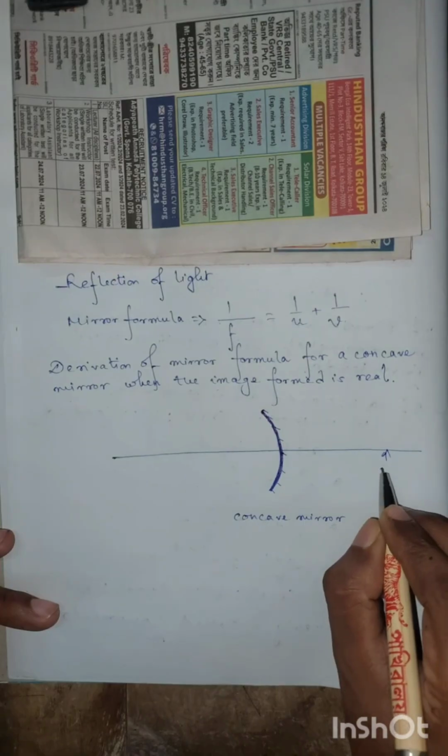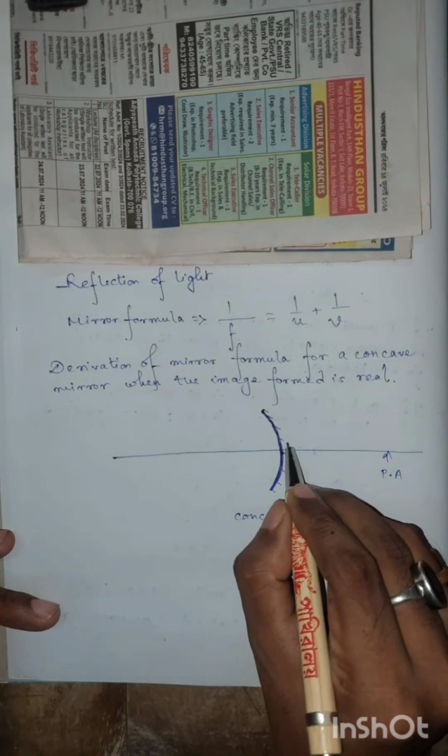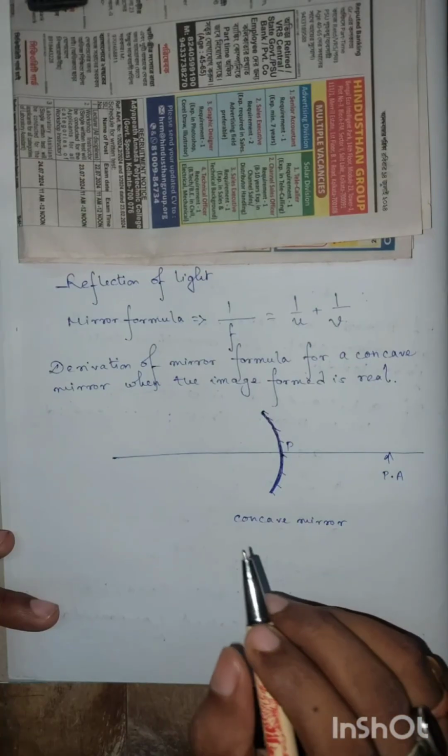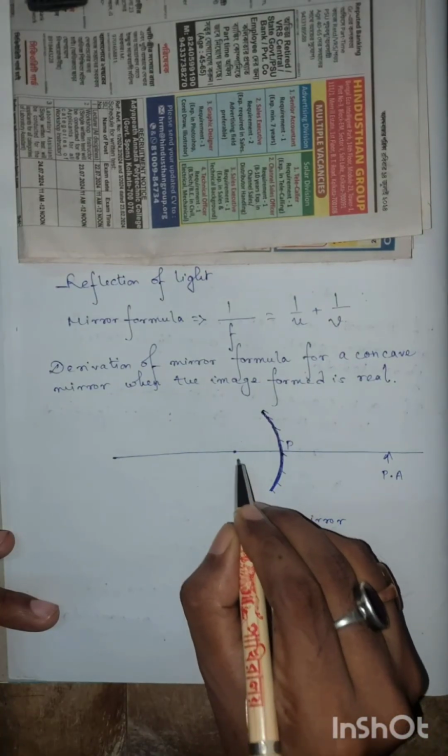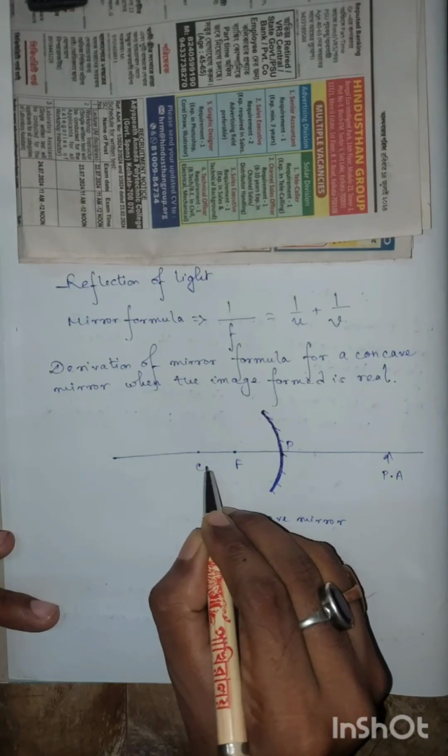This is the principal axis. This is pole. This is focus. And this is center of curvature.